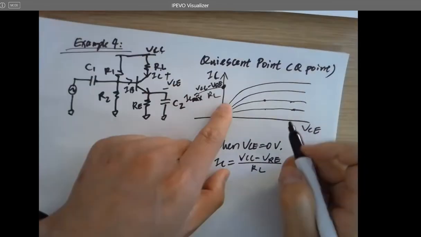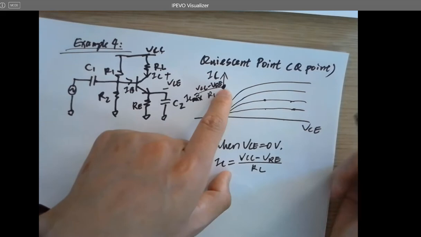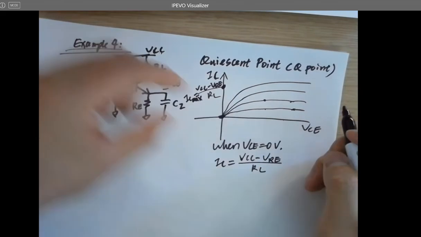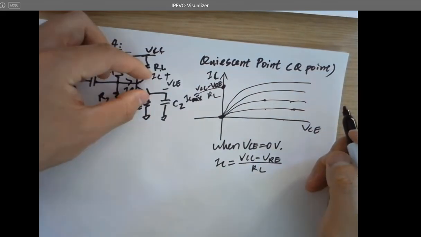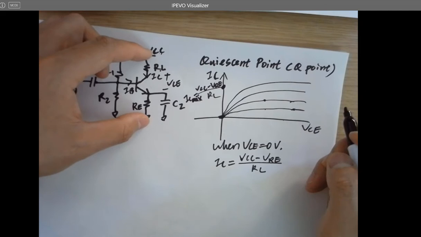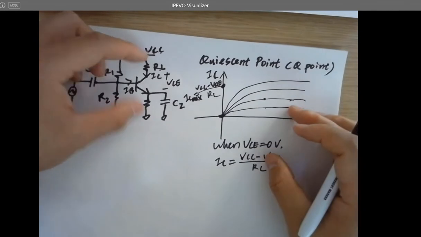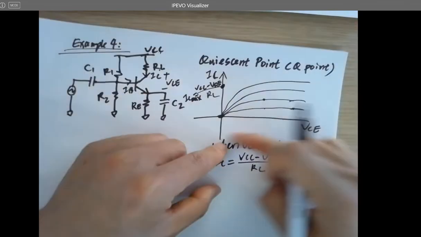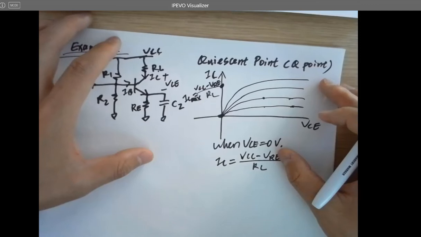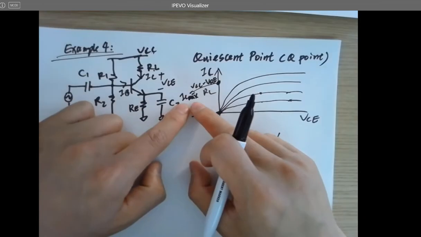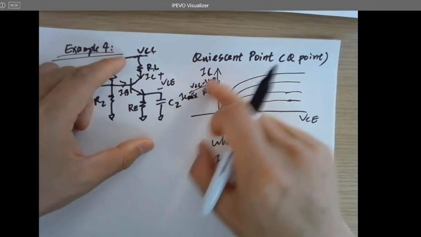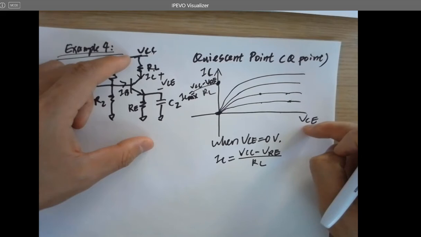So we're just trying to find out the 2 points. What's the maximum IC and what's the maximum VCE? Because these are the 2 extreme values which may happen for this transistor on this curve. So here's the IC max, which is this. And what is the VCE max?